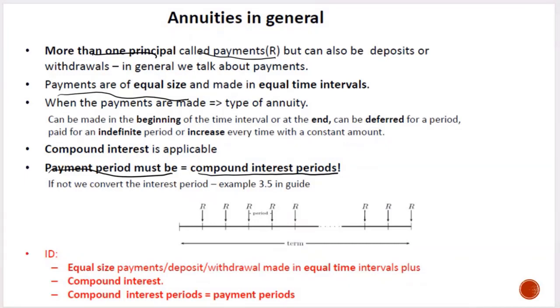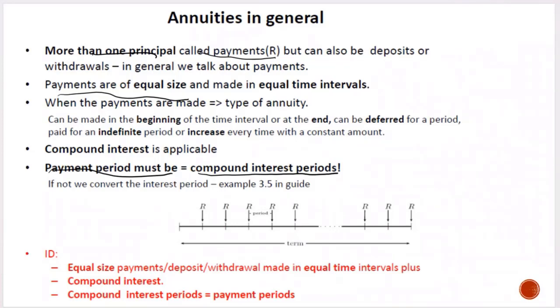If the two are not consistent, you need to convert one of them. Let's say the payment is made each month, but the interest is compounding quarterly, you would have to convert that quarterly interest to an effective monthly interest rate. Those are the defining features.